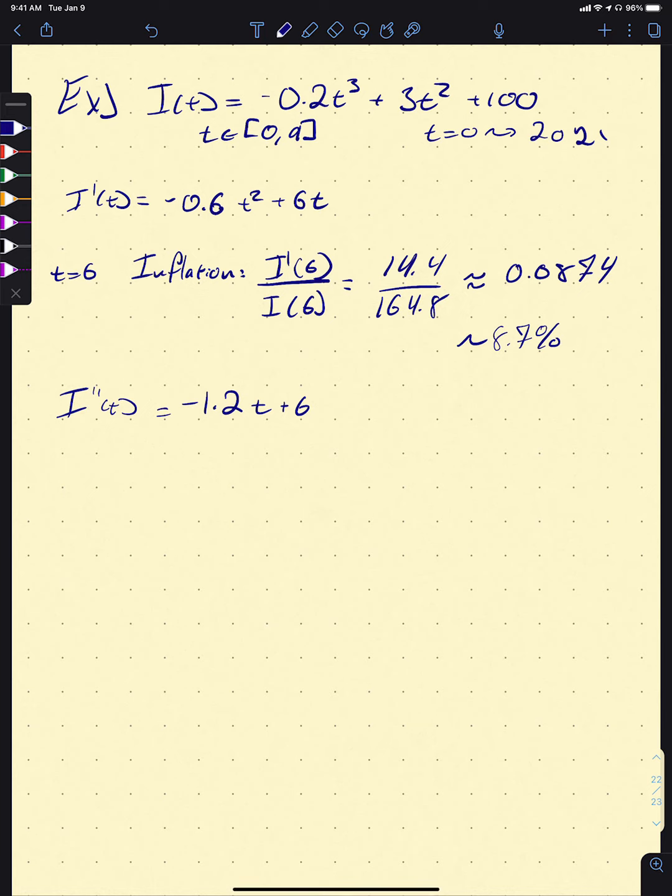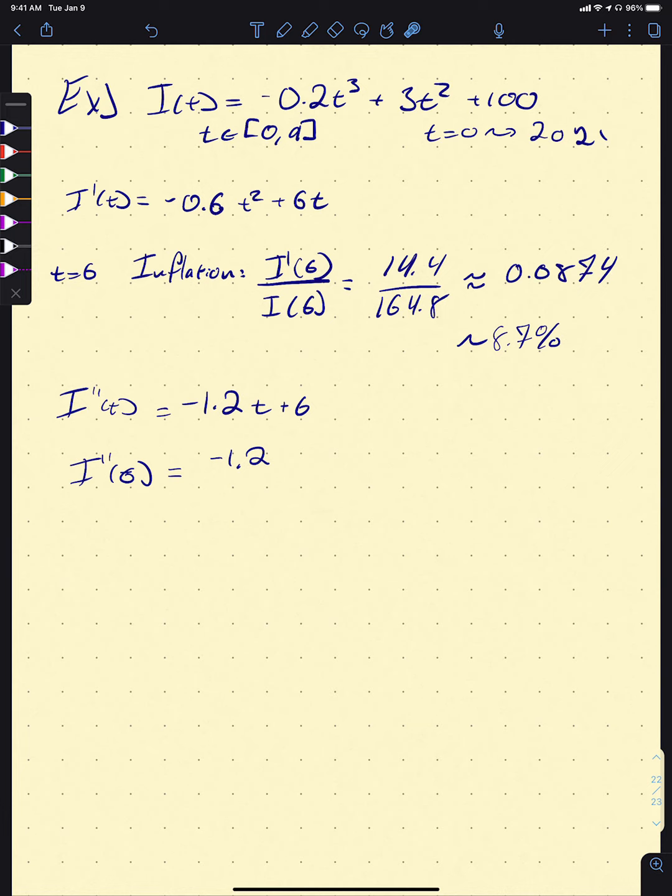So if we calculate I double prime of 6, the second derivative at t equals 6, it comes out to minus 1.2: 1.2 times 6 plus 6 ends up at minus 1.2. So what that means is that, yes, inflation is at 8.7%.